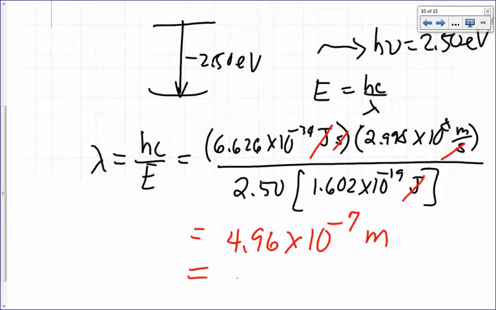So what would that be in nanometers? 496 nanometers. What color of light would that be?